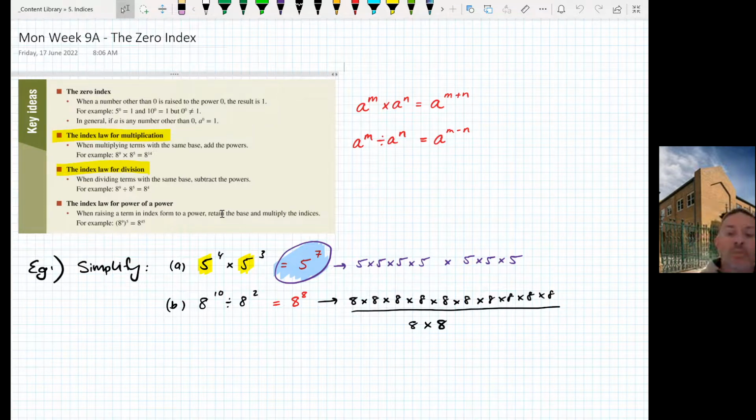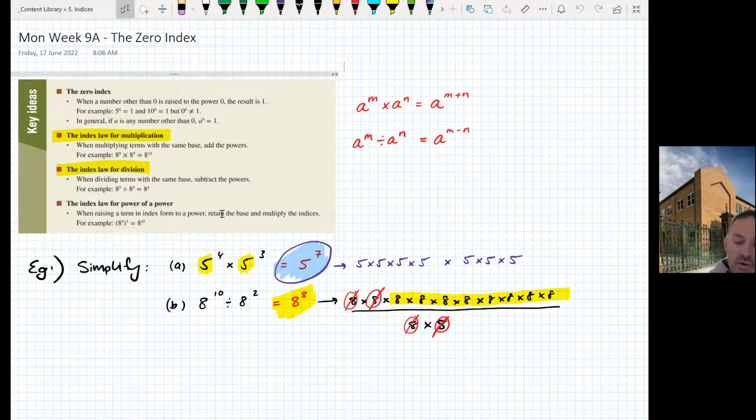Now, remember when we looked at this, we said that 8 divided by 8 was 1. So it simplifies. And there pretty clearly you can see we have 1, 2, 3, 4, 5, 6, 7, 8 of them being multiplied, 8 times. 8 to the power of 8.